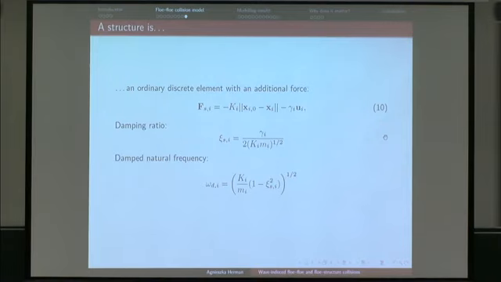And finally, just a few words about the structure. If we have one in our model, in this case, this is just a discrete element or a group of discrete elements. It doesn't have to be one, with additional force acting on it, and this force has two components.